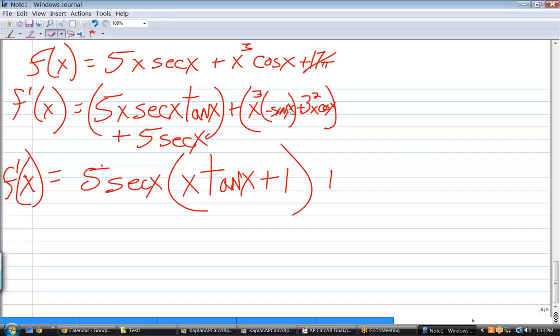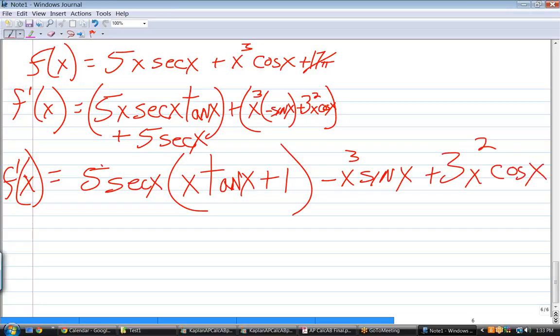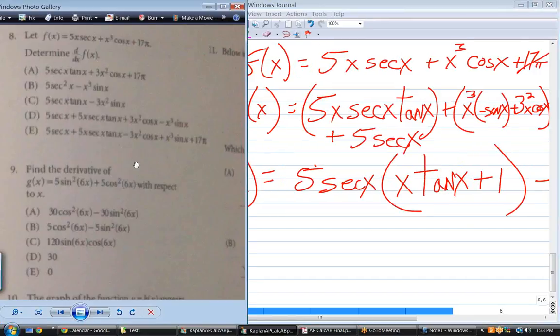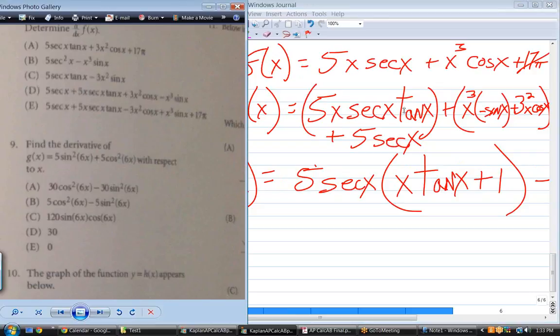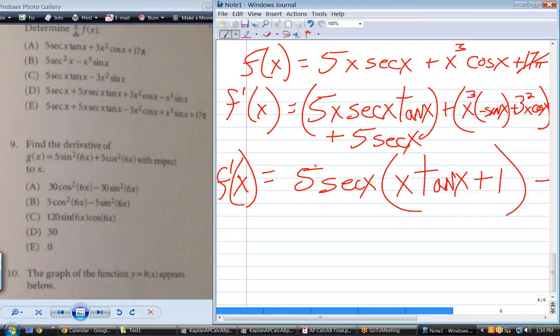Okay, this turns into a minus, so that's minus x cubed sine x. This is still plus. And I could have factored out something from that also. But before I do, let's look at our answers and see what we're looking at here.